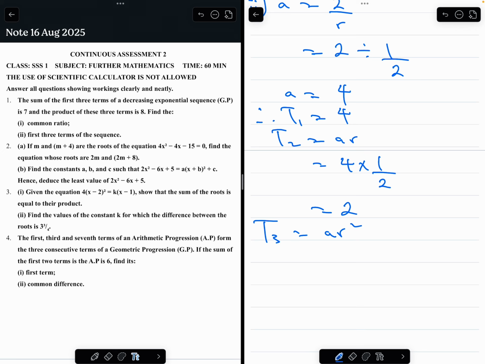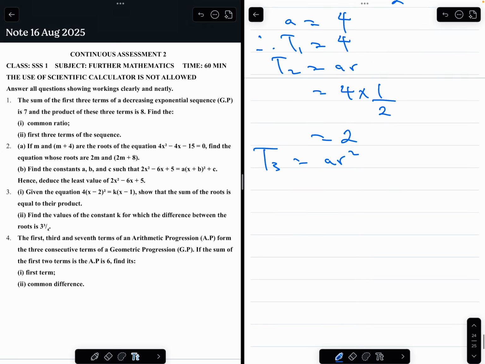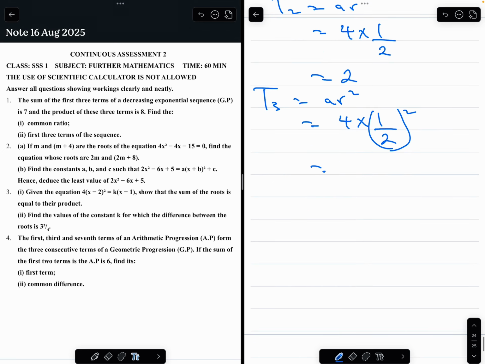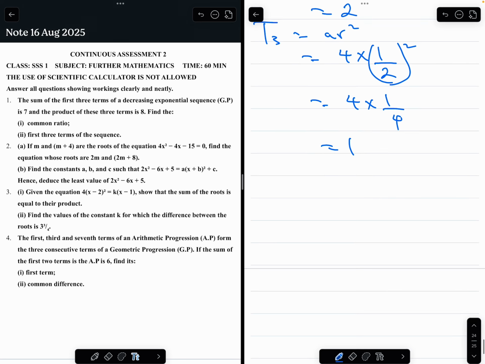T3, which is AR squared, will be equal to 4 times the square of 1 over 2, which simply means 4 times 1 over 4, and that's 1.